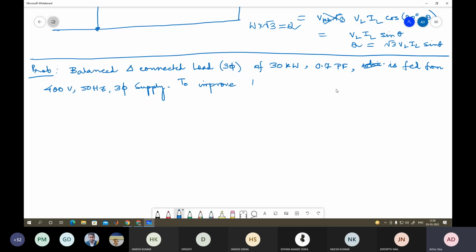And to improve the power factor from 0.7 to 0.85, we need to use a delta connected capacitor bank.